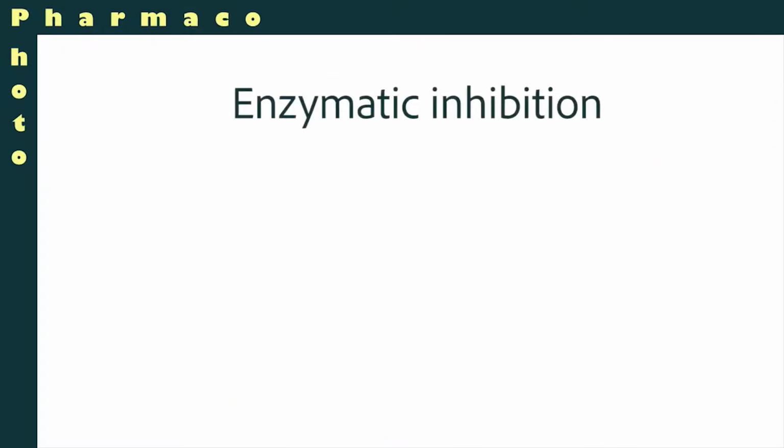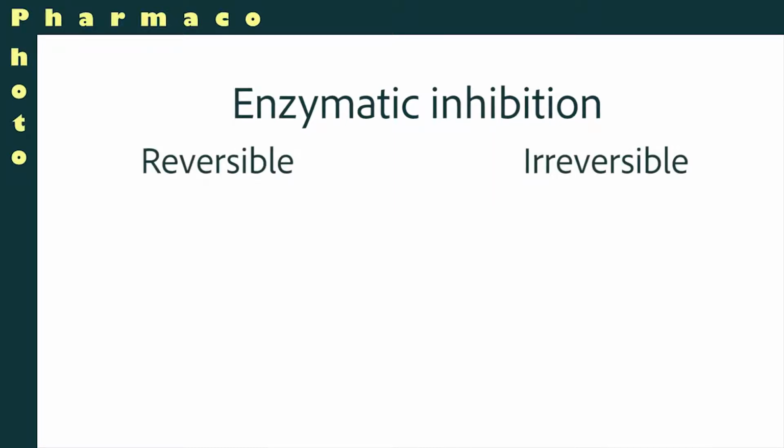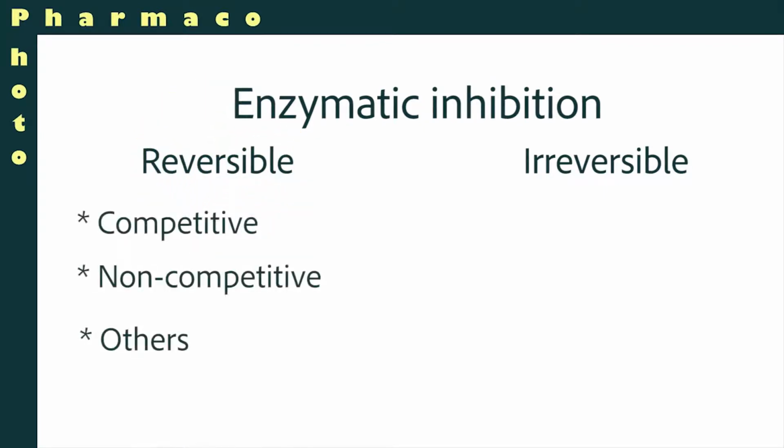When you think of enzymatic inhibition, you should immediately think of two major types of enzymatic inhibitors, the reversible inhibitors and the irreversible inhibitors. By far the largest group of enzymatic inhibitors is the reversible inhibitors. And those are divided into at least 4 subsets.